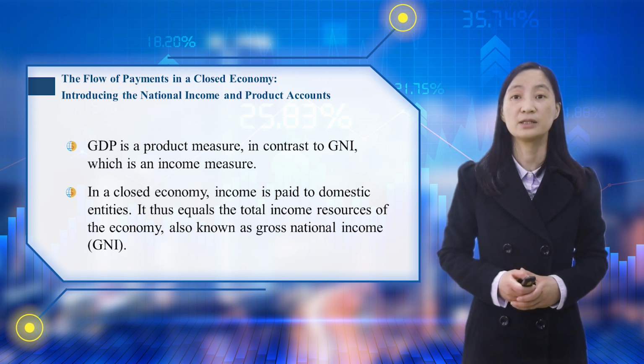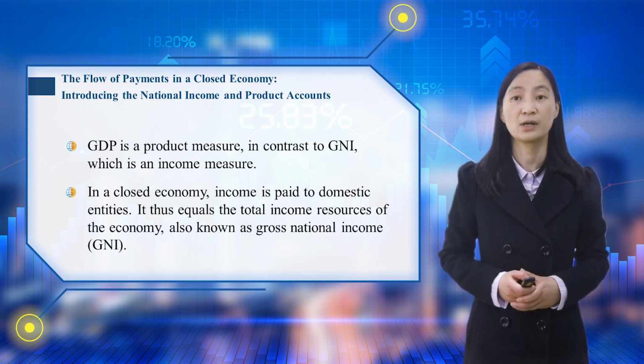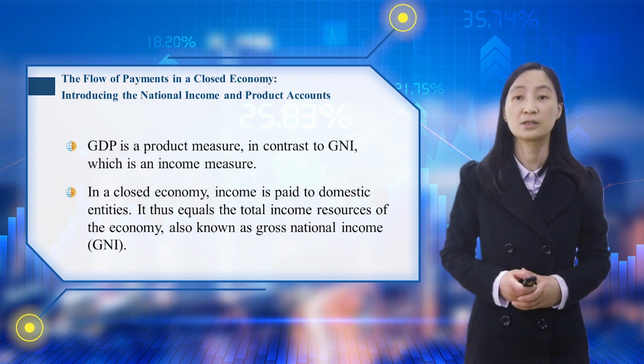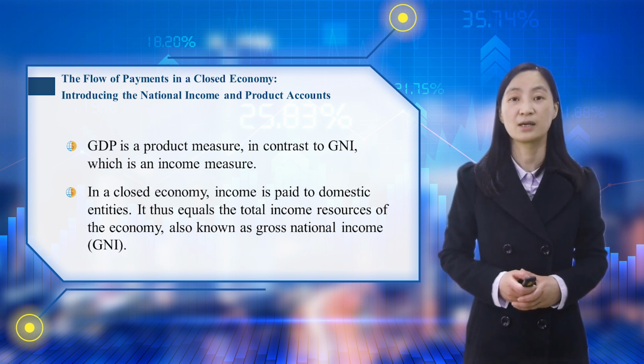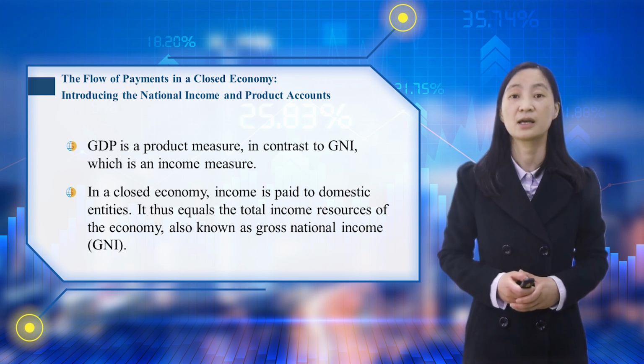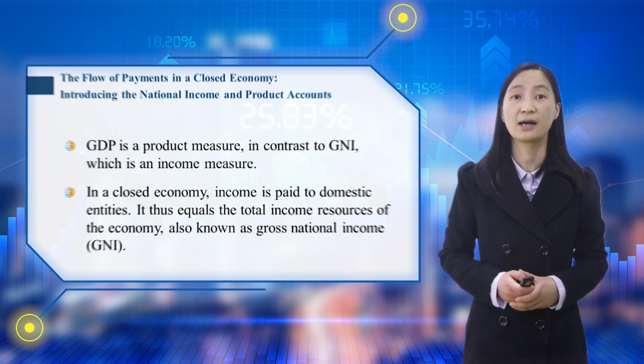The factor owners receiving this income are the owners of labor, the owners of capital, and the owners of land. So in a closed economy, all income is paid to domestic entities. The total income of an economy is gross national income, GNI.